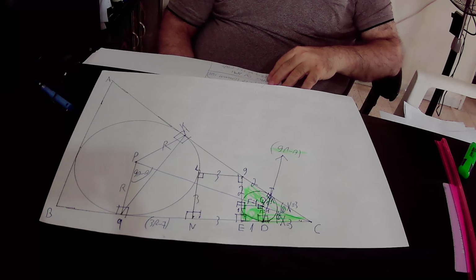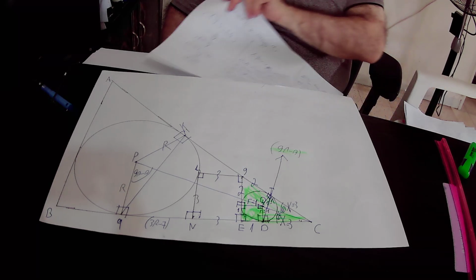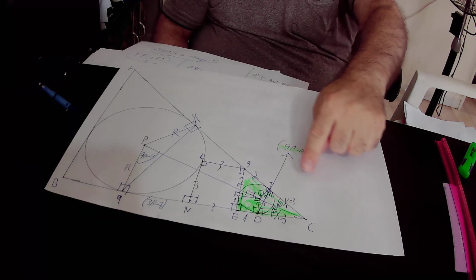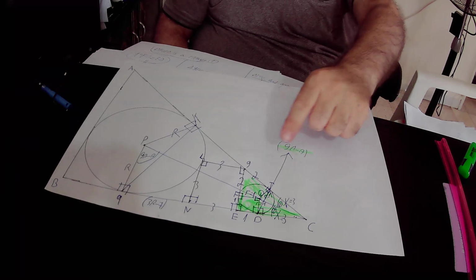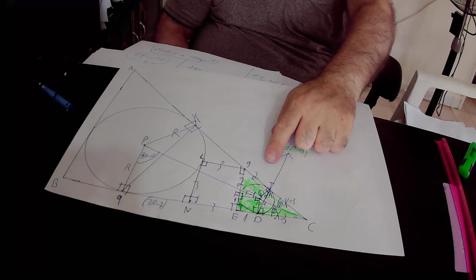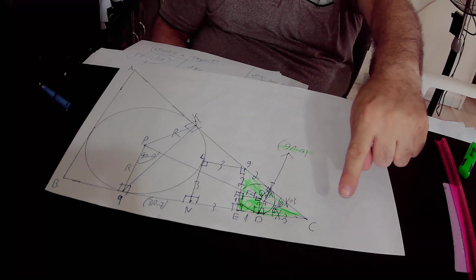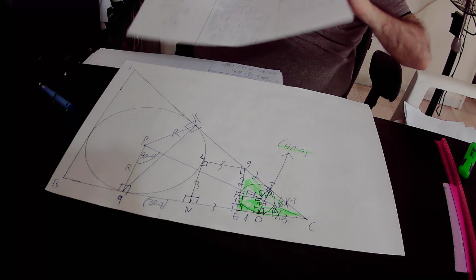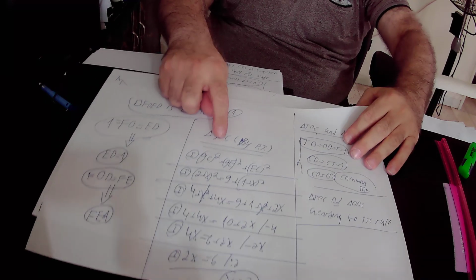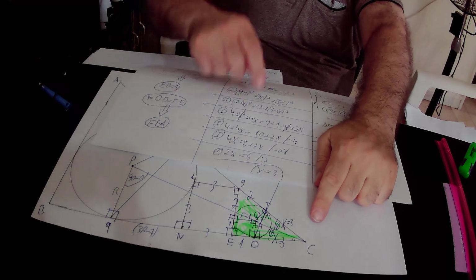Then we implemented the Pythagoras theorem on the green right triangle, triangle GCE. According to the Pythagoras theorem, the square of the hypotenuse equals the sum of the squares of the perpendiculars. That is to say, GC square equals GE square plus EC square. What is the value of GC?